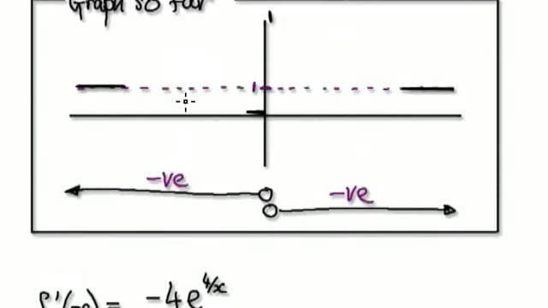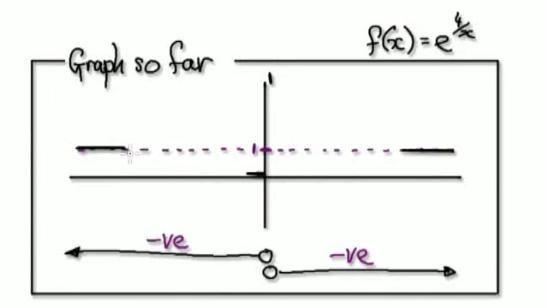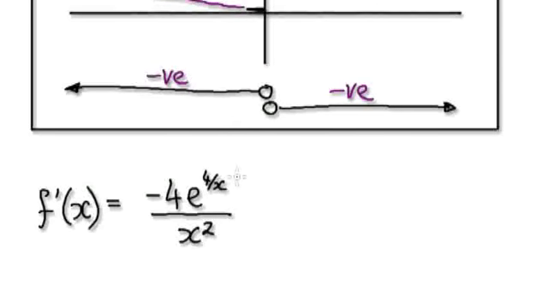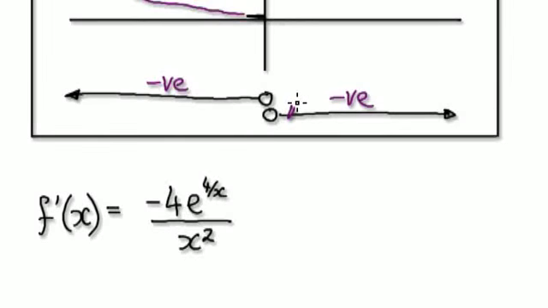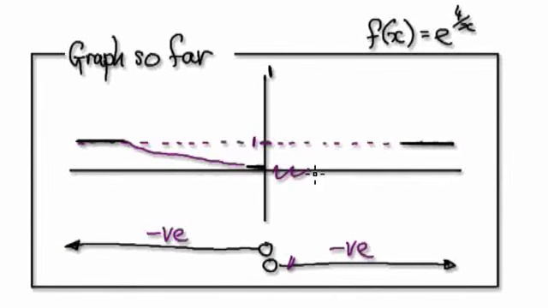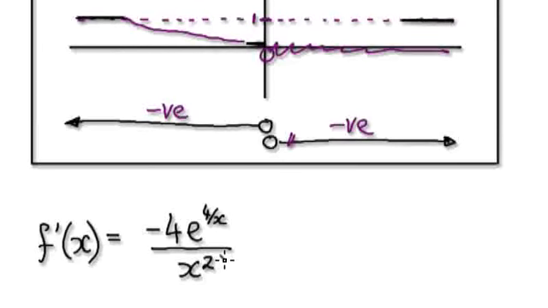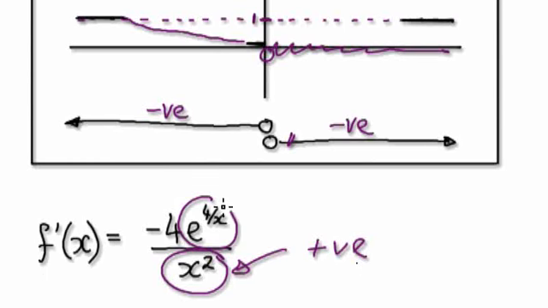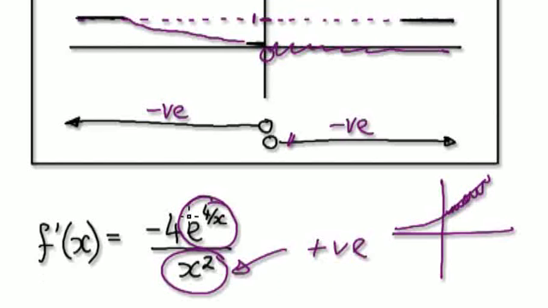Meaning that if the gradient is always negative, then the graph has to be going downhill all the time. Then looking on this side, when x is in the positive realm, apart from x being dead on 0, so x greater than 0, this here will be positive, and this here is always positive from the graph of y equals e to the power of x, and then you're timesing a negative.